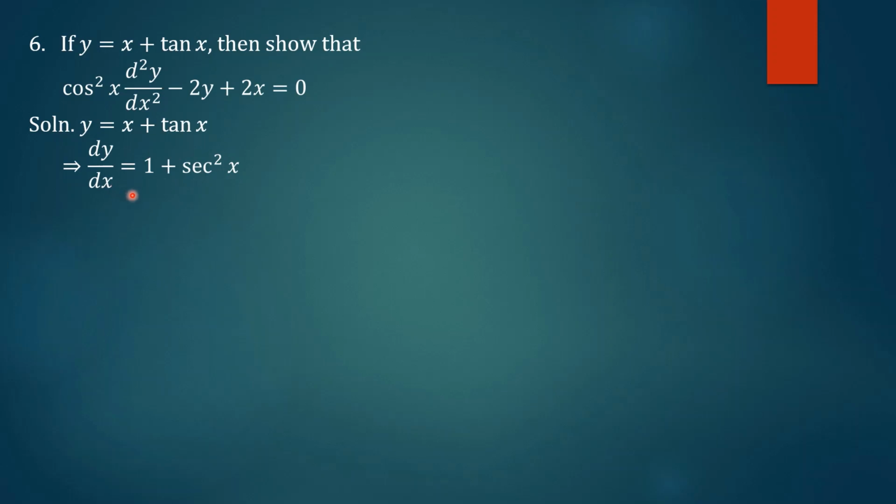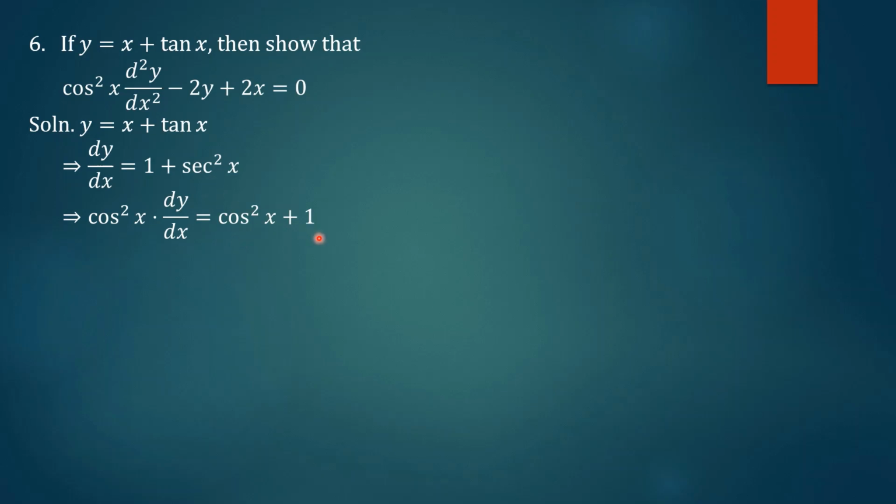If you differentiate here, 1 is 0, you see twice sec x into tan x will be your expression. So actually we can write this sec square x as 1 by cos square x. You see 1 by cos square x, and then cos square x is multiplied here, cross product. So cos square x dy/dx is equal to cos square times 1, so it is simply cos square x plus 1 only.